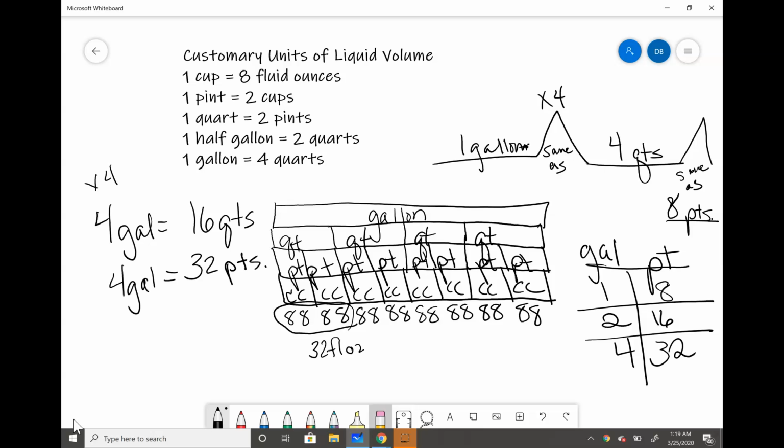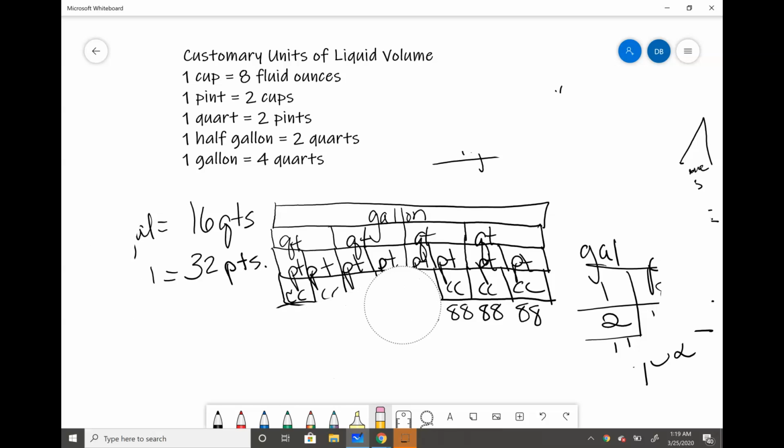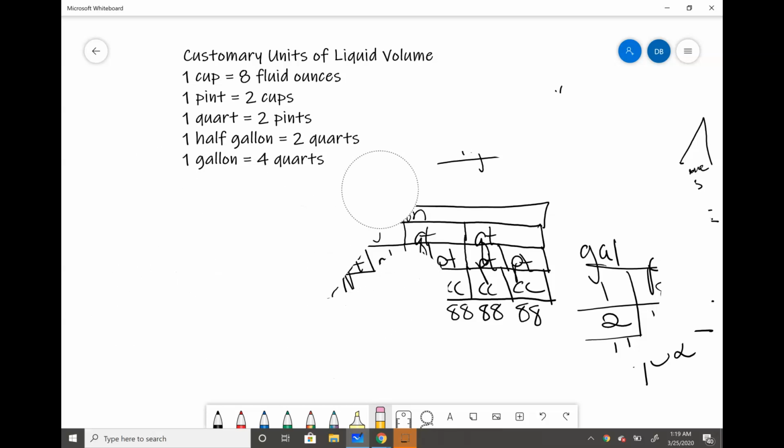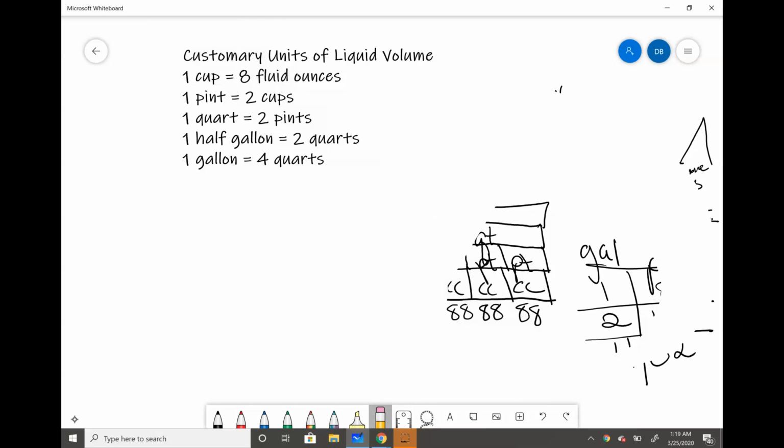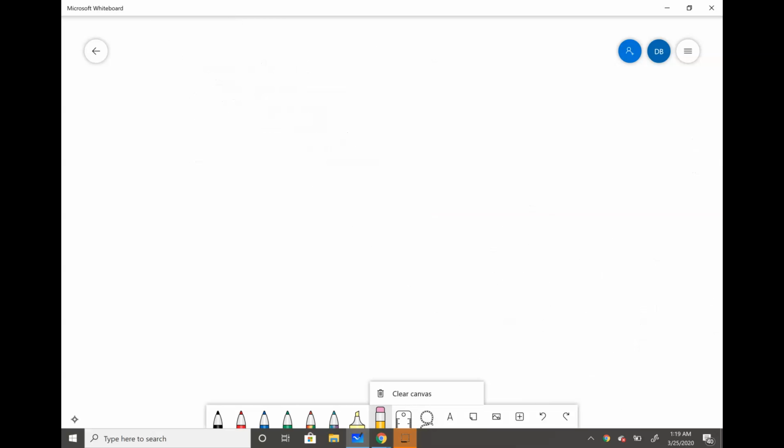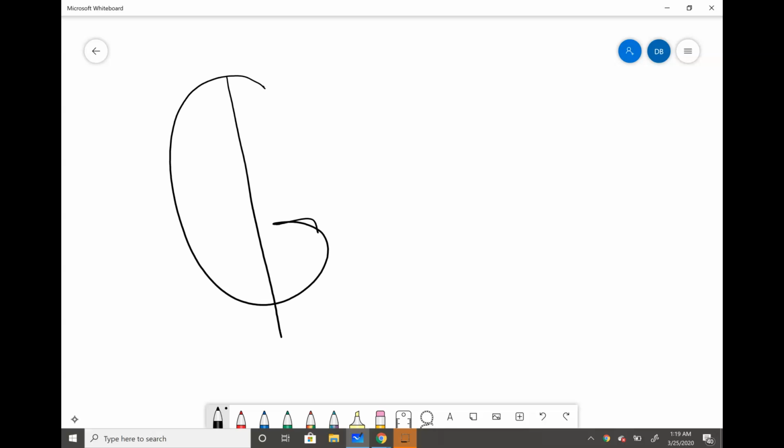Okay, let's try some more practice. Some people like to use the gallon house. It's another way to think of it. If you break up the gallon into 4 parts, those are quarts. And then each quart has 2 pints inside of it.